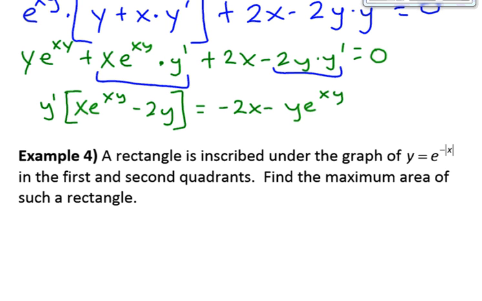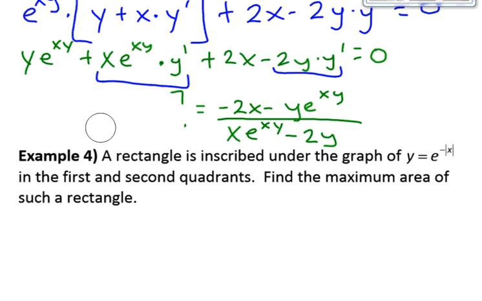And then when we simply solve, we have to just simply divide. So then that's going to be over x e to the xy minus 2y. And then this goes away and becomes just y. Okay?